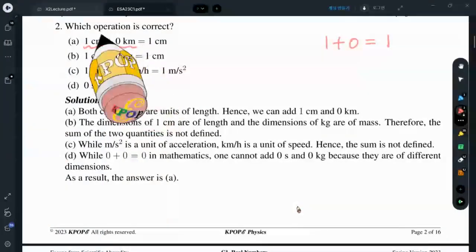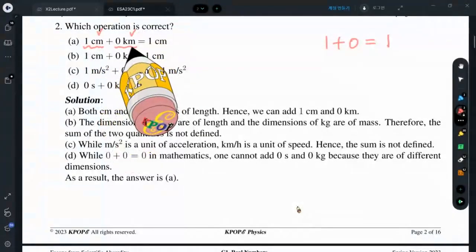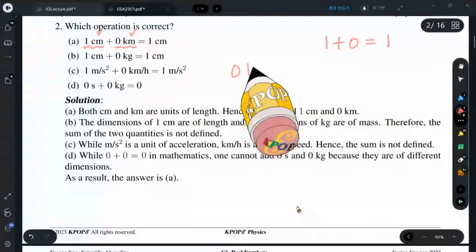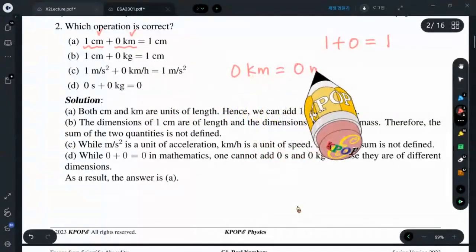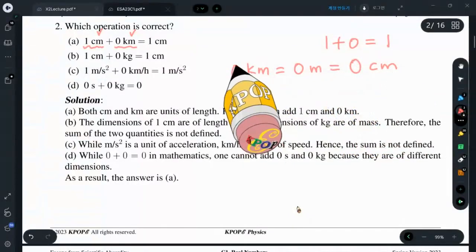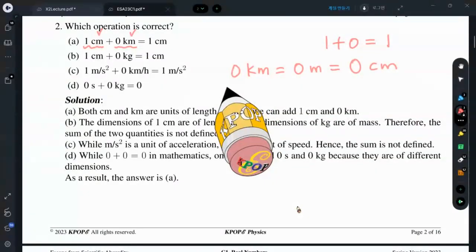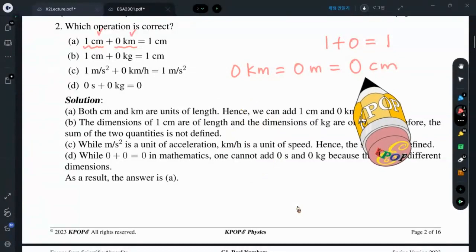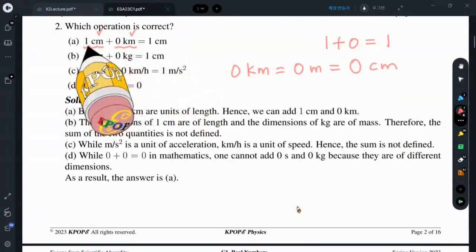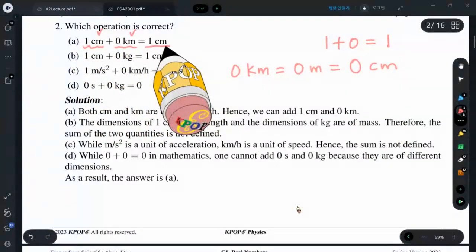Okay, this is a length, this is a length. 0 kilometer is the same as 0 meter, the same as 0 centimeter. After being multiplied by 0, you have lost the scale. However, you still have a physical dimension. So finally you will find the answer is 1 centimeter.